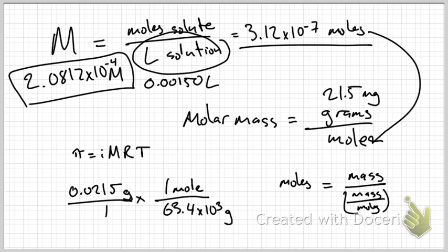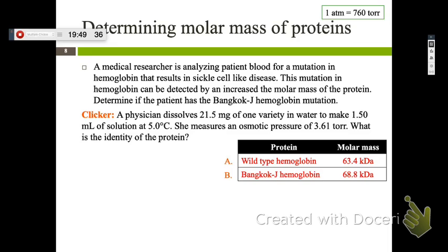I'll show that in more detail in the next slide. So this one was Bangkok J hemoglobin, if you use the numbers that I have up here.